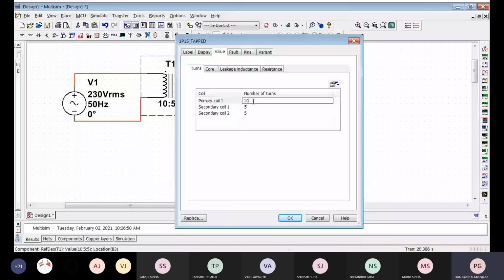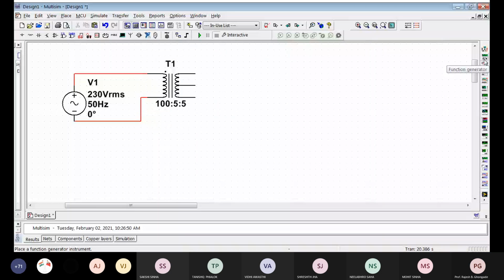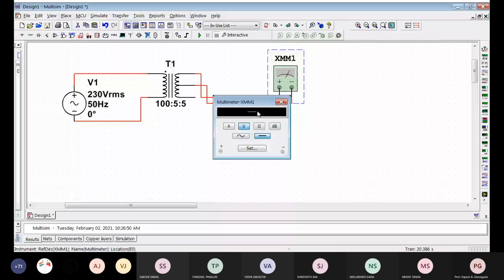So the voltage that I'm going to measure here with respect to the center tap is about 11.5 volts.